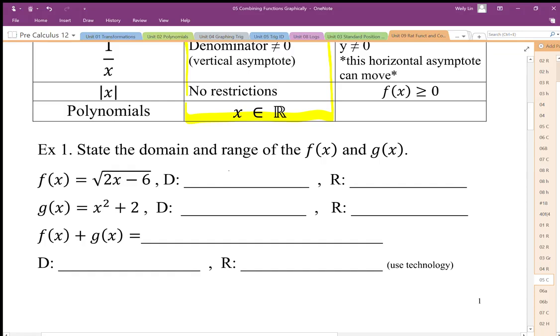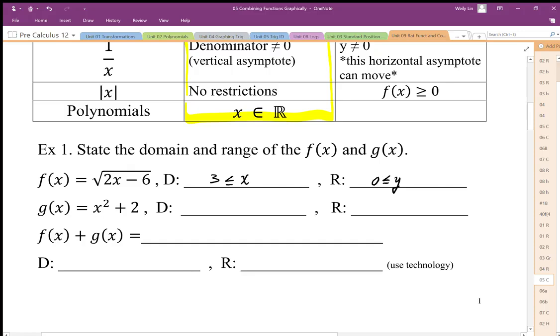In this case, the boundary point is going to be 3. And x must be greater than or equal to 3 to keep a positive value in the square root. And the range of this, since it has no vertical shift, is going to start at 0, and y must be greater than or equal to 0.